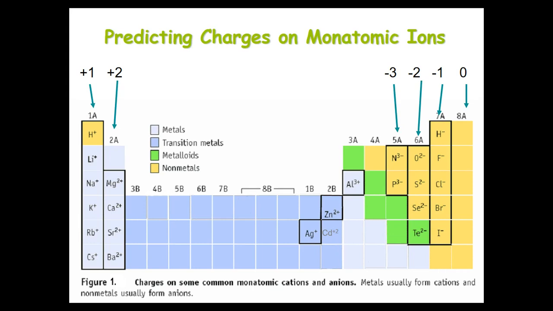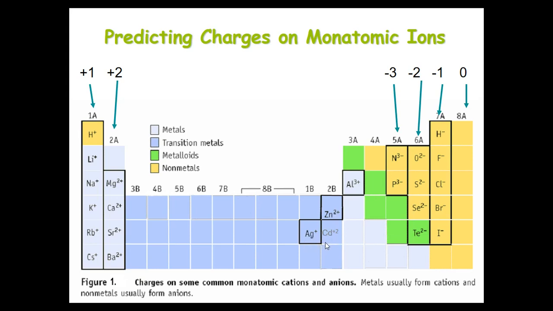Okay, so another important thing to remember are the common charges on your periodic table. So when we're talking about a fixed oxidation number, a fixed charge, these are the ones we're going to be using. That is +1, +2, and then -3, -2, -1, and 0. And then if you notice here in the middle, I want you to label these.